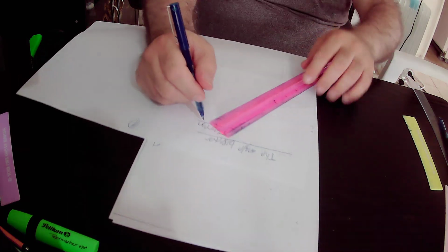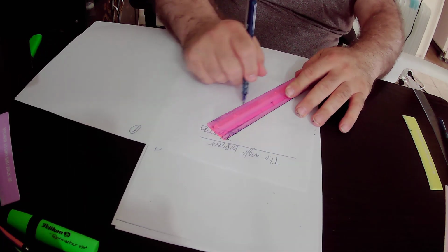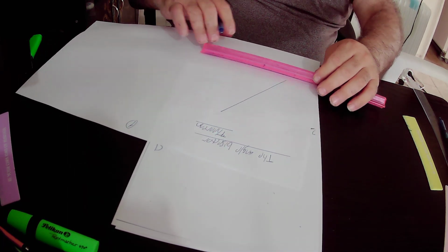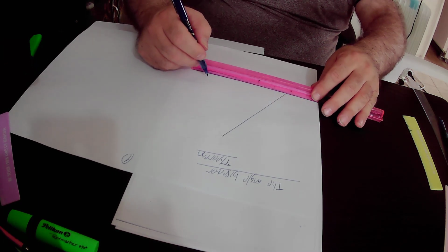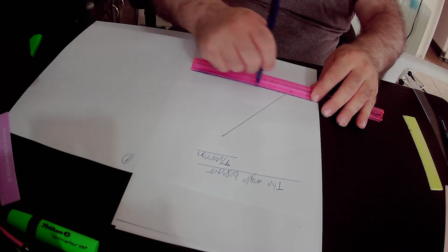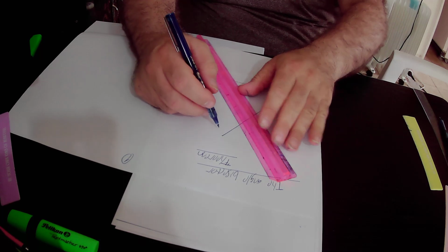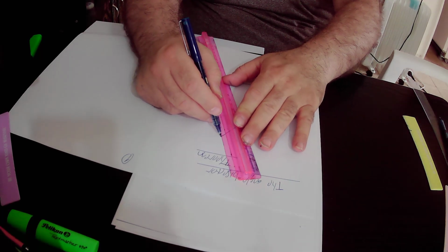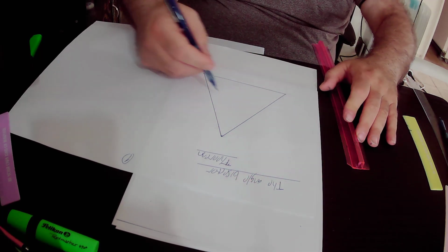So if we have a triangle ABC, that could be any triangle. This is triangle ABC.